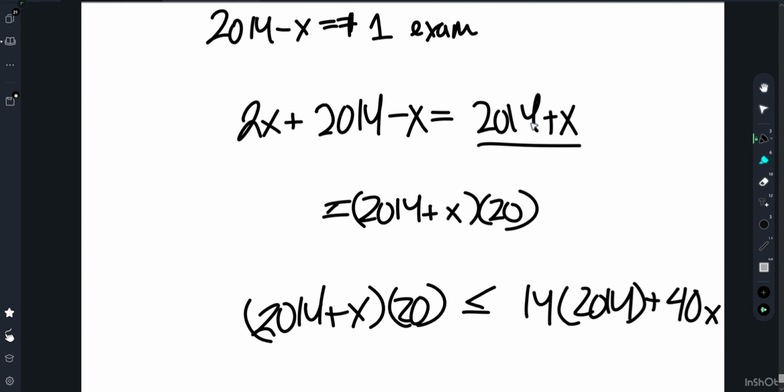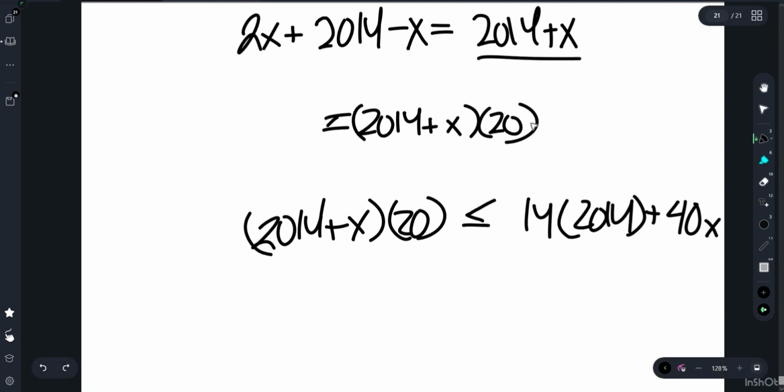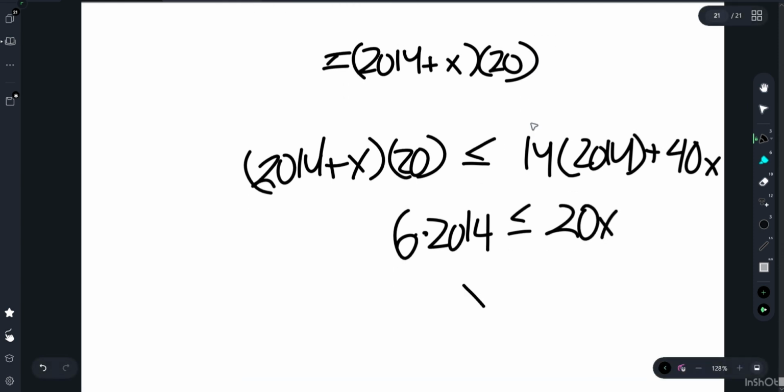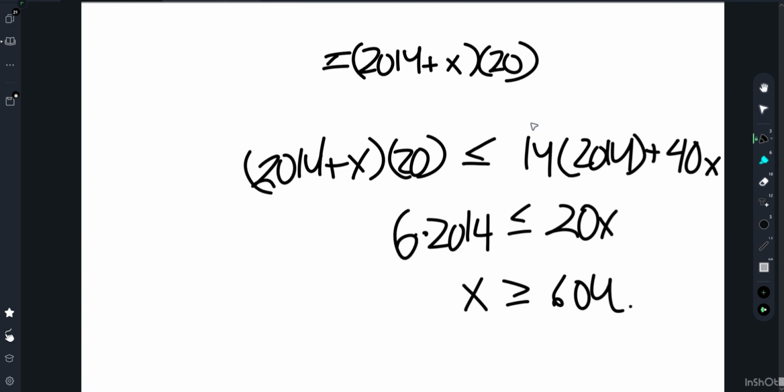And so simplifying this, we can see that we have 6 times 2014 is less than or equal to 20x. And so x is roughly greater than 604 point something, so x is equal to 605.